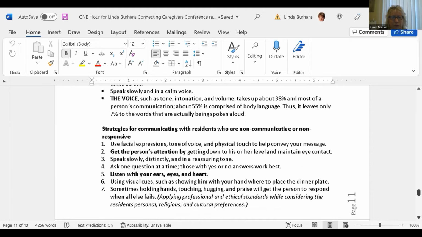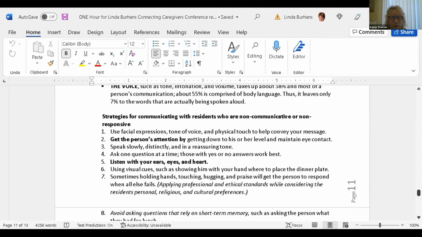Strategies for communicating with residents who are non-communicative or non-responsive. Get their attention, get down on their level. If you have to bend down or sit down next to them, maintain that eye contact, very important. Yes or no answers will always work best. Listen with your ears, your eyes, and your heart.